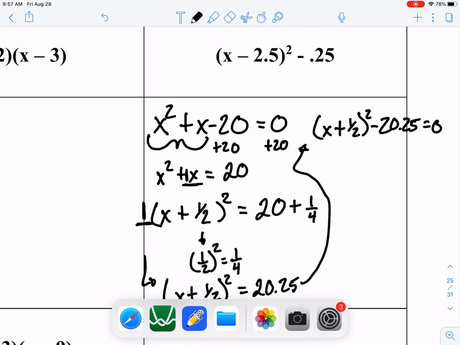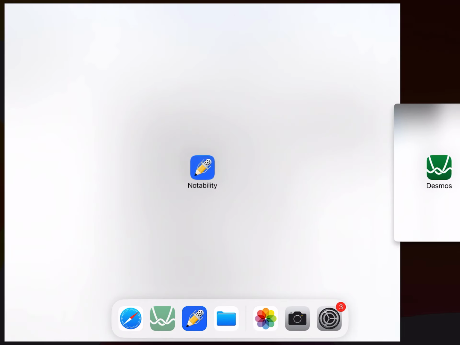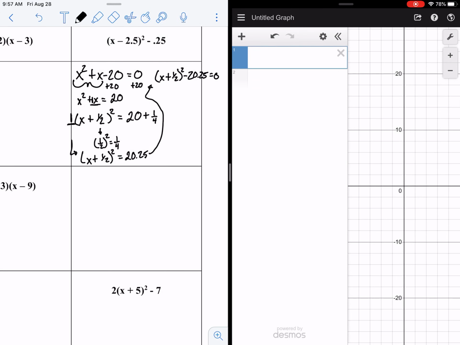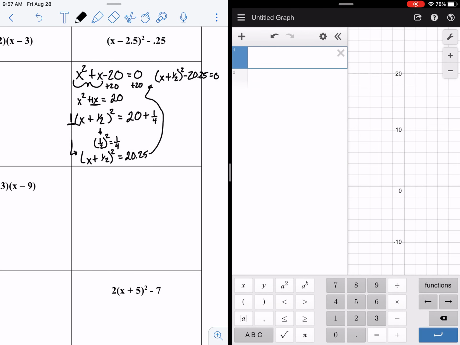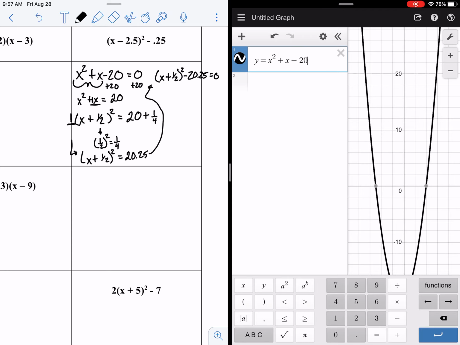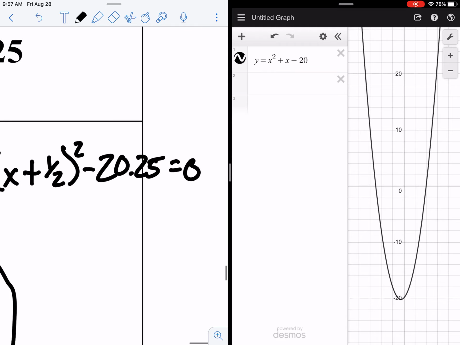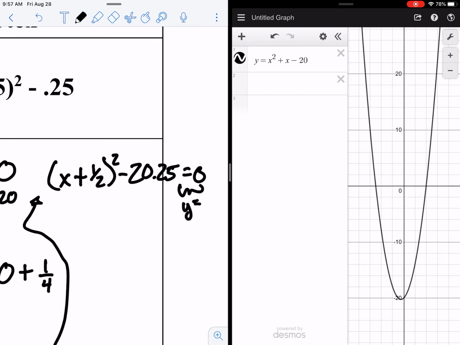I can double check by going to Desmos, typing in my original, y equals x squared plus x minus 20, and I get a graph. My new equation, because it's set equal to 0, I can replace equal to 0 with y equals.